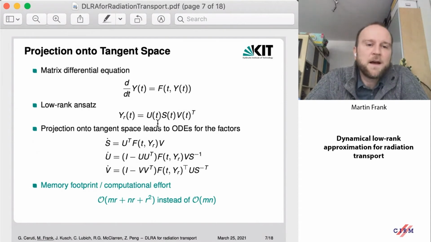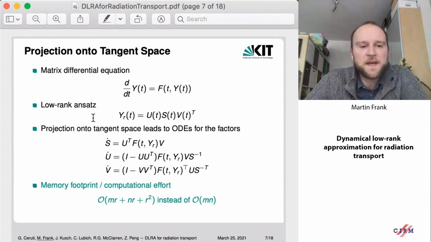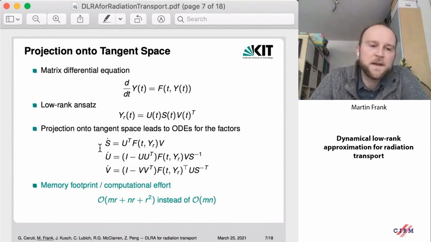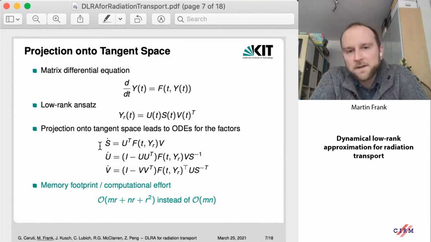And then I can insert this, I can project the right-hand side onto the tangent space. And what I end up with, very much in the spirit of what I've just shown, instead of variations delta S, delta U, delta V, I now get ordinary differential equations for S, U, and V. Yeah, so I get 3 differential equations for the 3 different factors. And this is why it's called dynamical low rank.